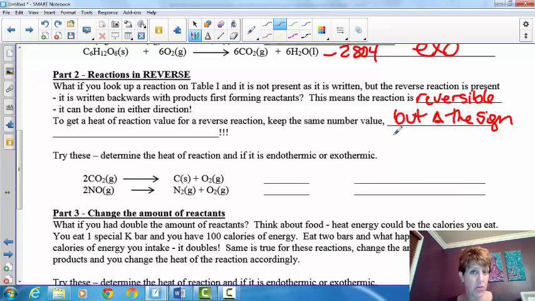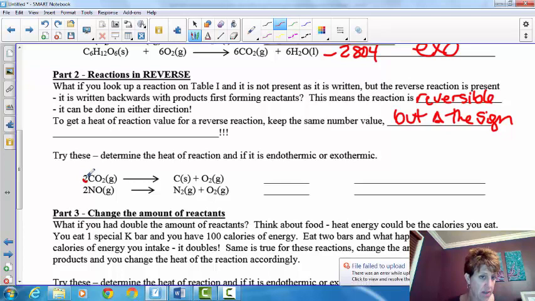So if you remember when I showed you that curve, I said, hey, we could go the opposite direction, and instead of being endothermic, it would be exothermic. That's what you'd be doing if you found the reaction in reverse. So try these. Determine the heat of the reaction and if it's endo or exothermic. So CO2 becomes C and O2.